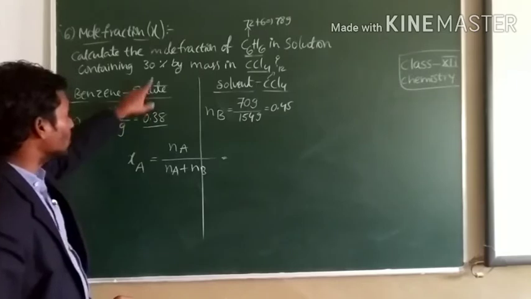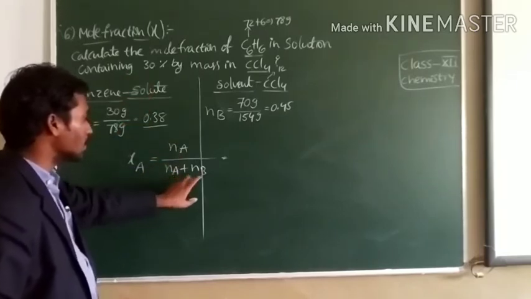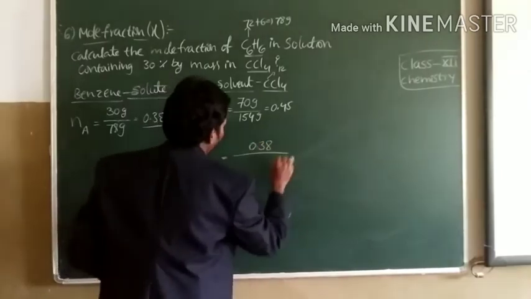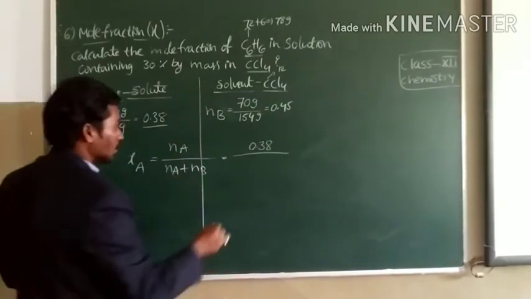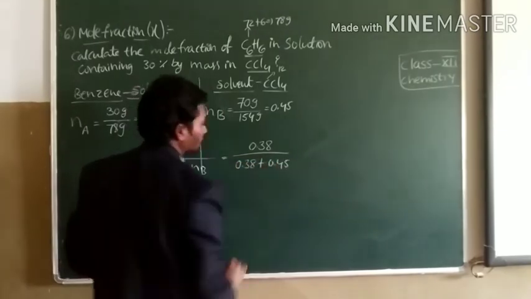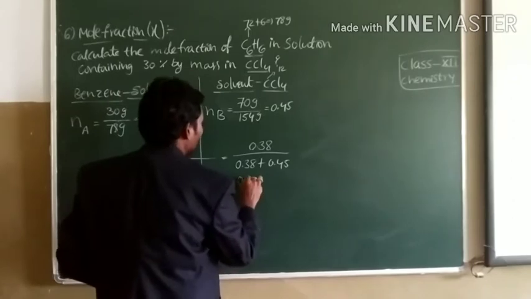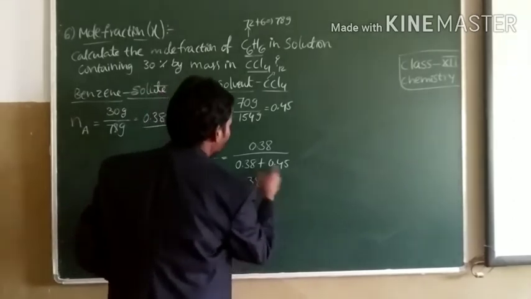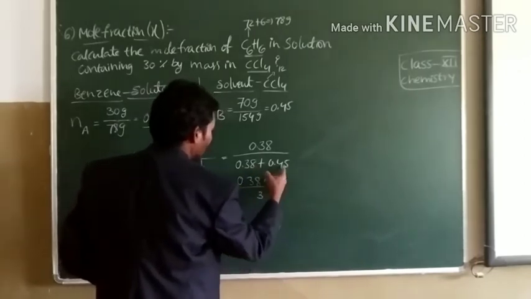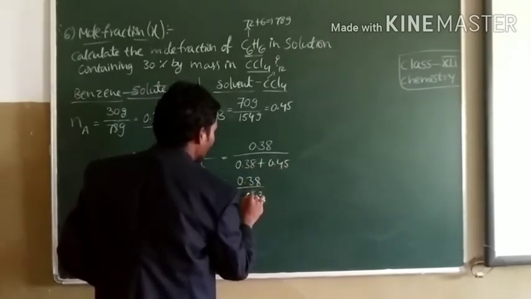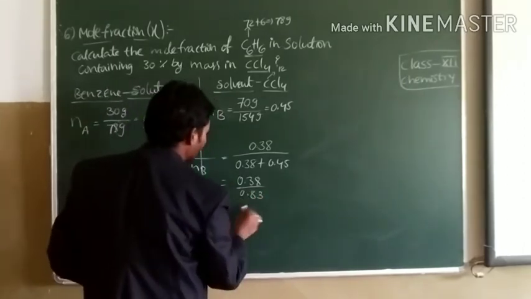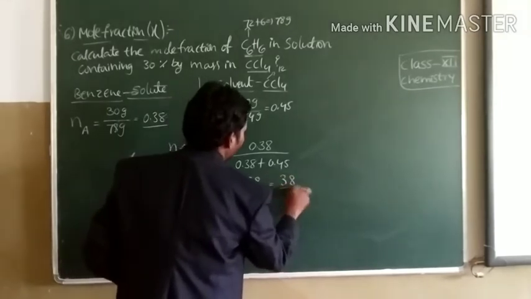Na is 0.38, so Chi A equals 0.38 by 0.38 plus 0.45. That is 0.38 by 0.83, which you can write as 38 by 83.